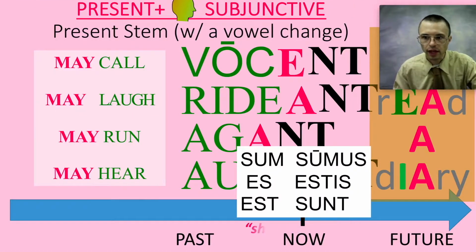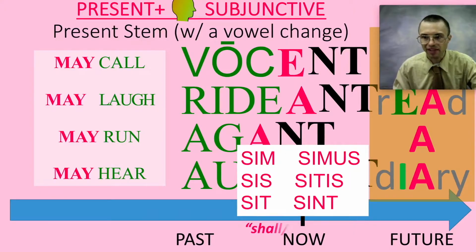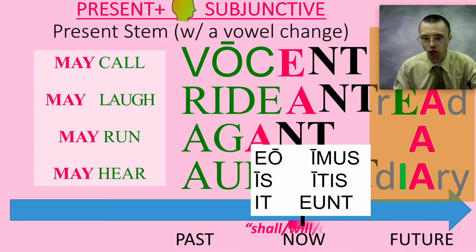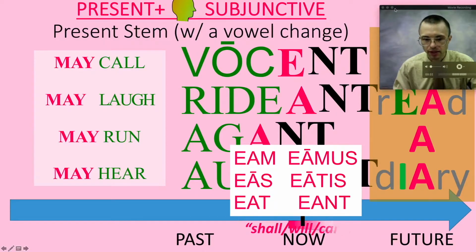As for the irregular verbs, the verb to be, sum es est, sumus estis sunt, becomes sim, sis, sit, I may be, you may be, she may be. And the irregular verb to go, eo is it, imus itis eunt, becomes eam, eas, eat, eamus, eatis, eant.